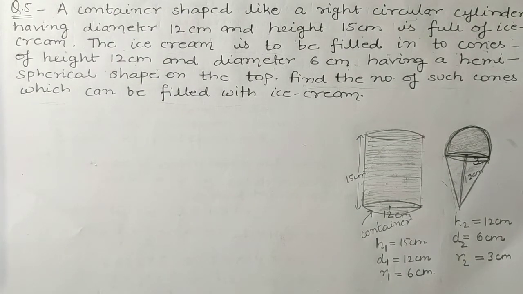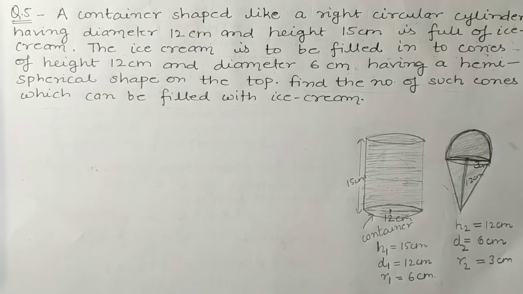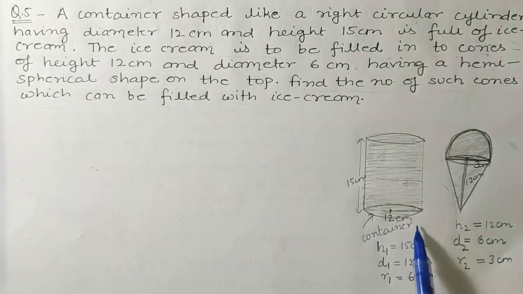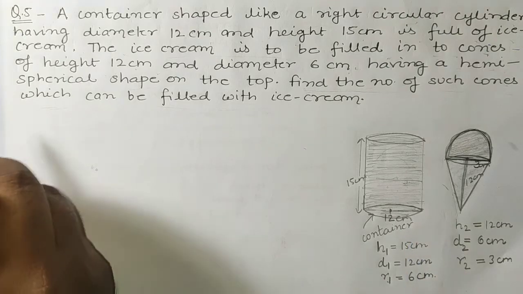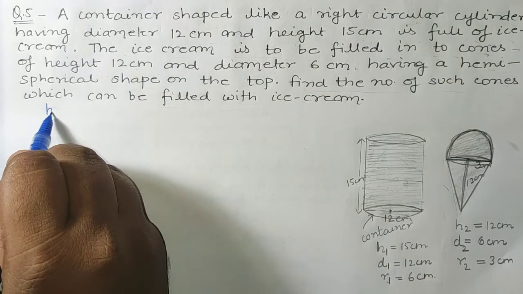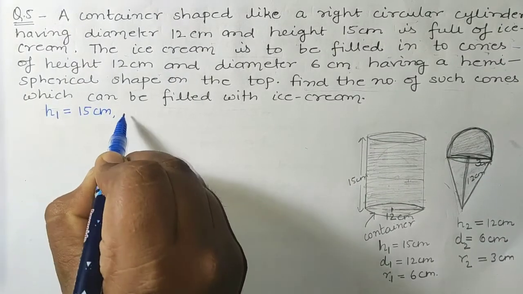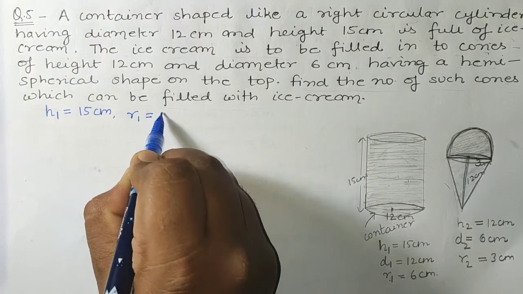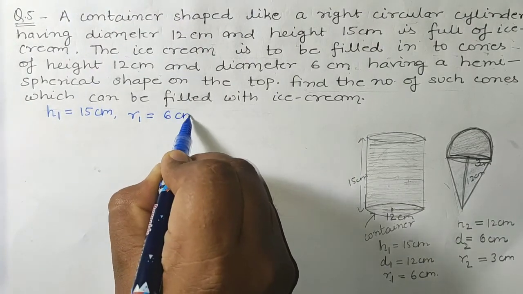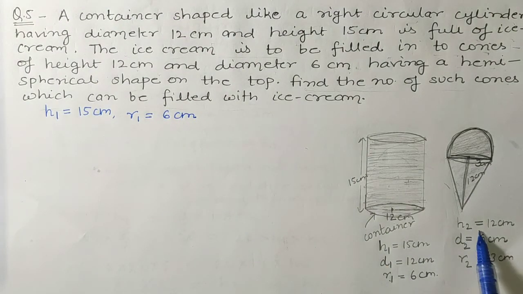Let us see. Firstly, we will write what is given. We have supposed that the height of the cylinder is H1 and the radius of the cylinder is R1. So H1 is 15 centimeter, R1 is 6 centimeter, and we have supposed H2 as the height of the cone.